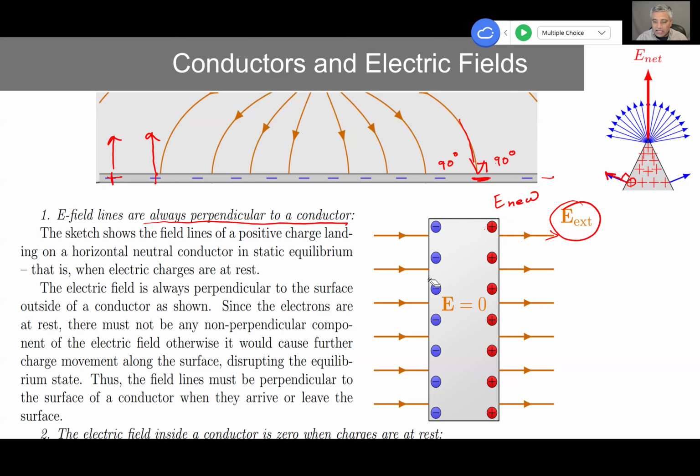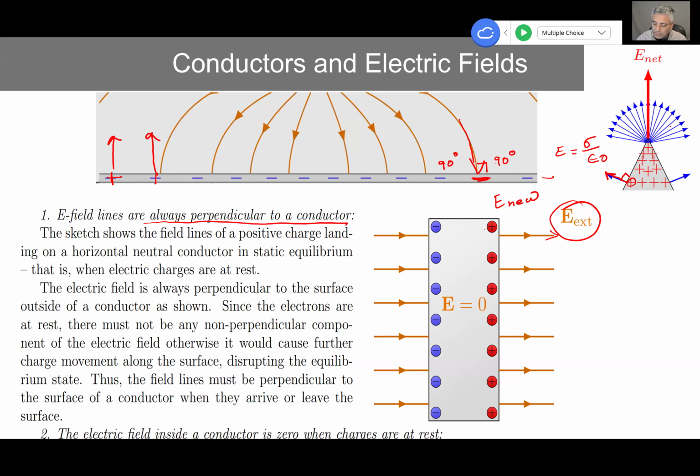Okay. And when you have a pointed structure like this, there are going to be a lot of charges there. And because of that, the electric field is going to be larger, because the electric field is the surface charge density divided by the electric permittivity of free space.